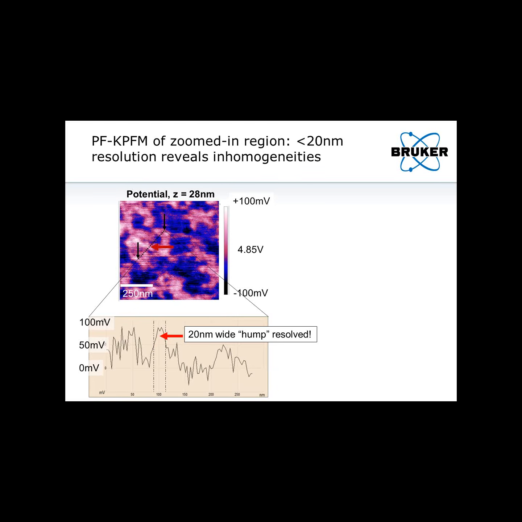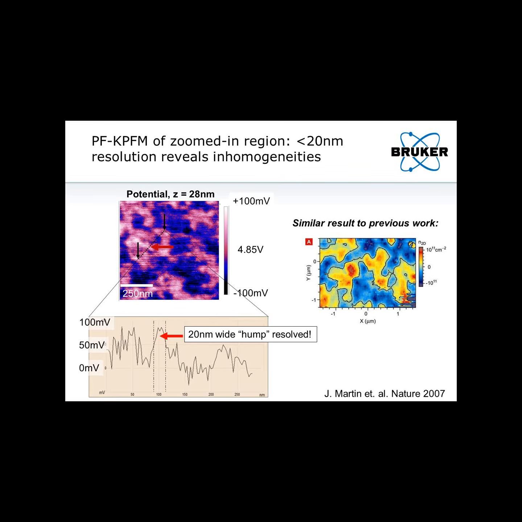And it actually looks pretty similar to what Martin and others saw in a very famous paper in Nature in 2007, where, of course, these measurements were performed in vacuum and their sample was extremely clean, but nevertheless, they saw some variations that were about a third of what I'm seeing here.